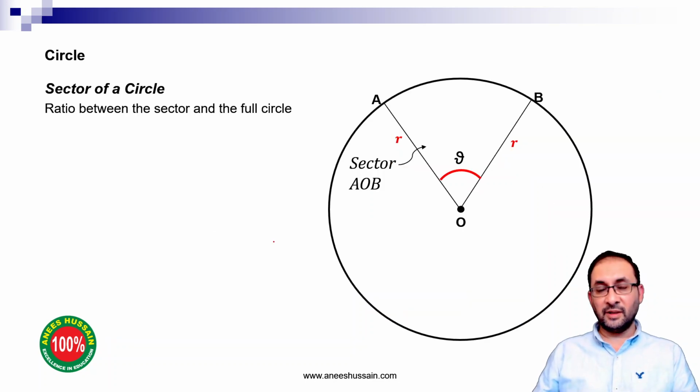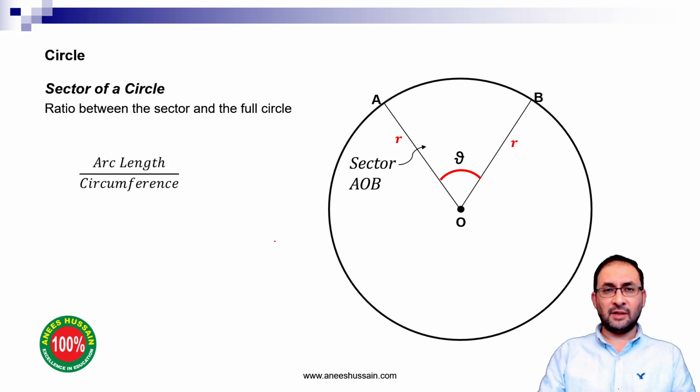Now, one important thing that you need to remember is that because the sector is nothing but just a portion of the circle, the ratio between the arc length and the circumference of the full circle is important. Remember, the arc length is the arc AB and the circumference is the length of the perimeter of the circle.